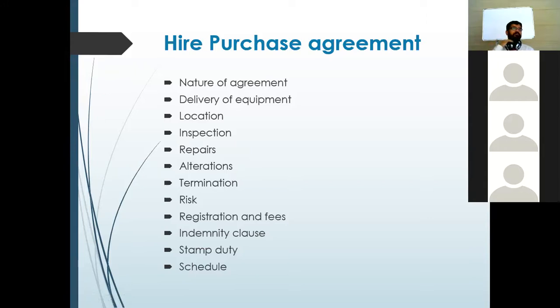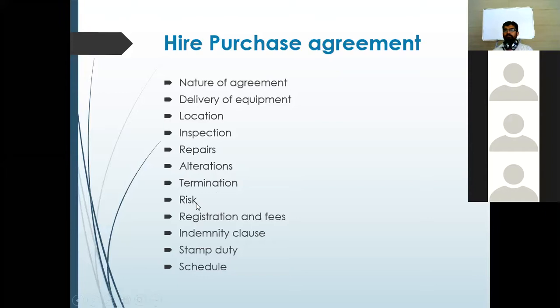So there is no question of alterations here, but in case the hire vendor approves or allows alteration, then you can go ahead and do it. Otherwise, alterations are not allowed. Termination: any of the parties to the contract can terminate the contract in case of breach of trust or the terms and conditions.